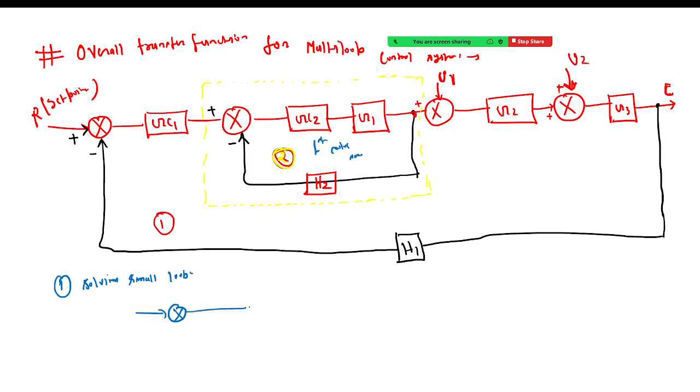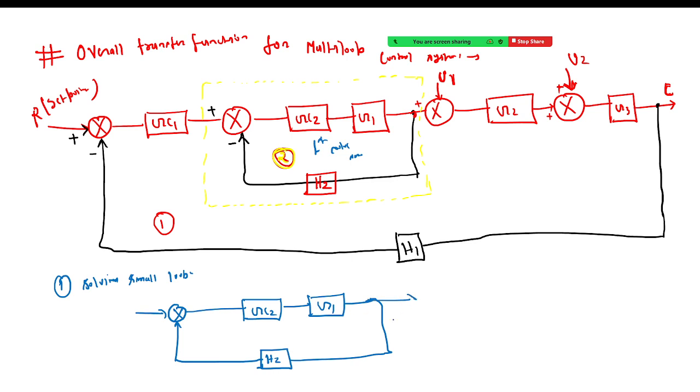This one, let's say, is GC2. Your small loop has G1. You don't have to draw these things, but this is just a simple procedure. If you practice, it will be very handy for you, right? So this one is your H2, and this will be going in this way.